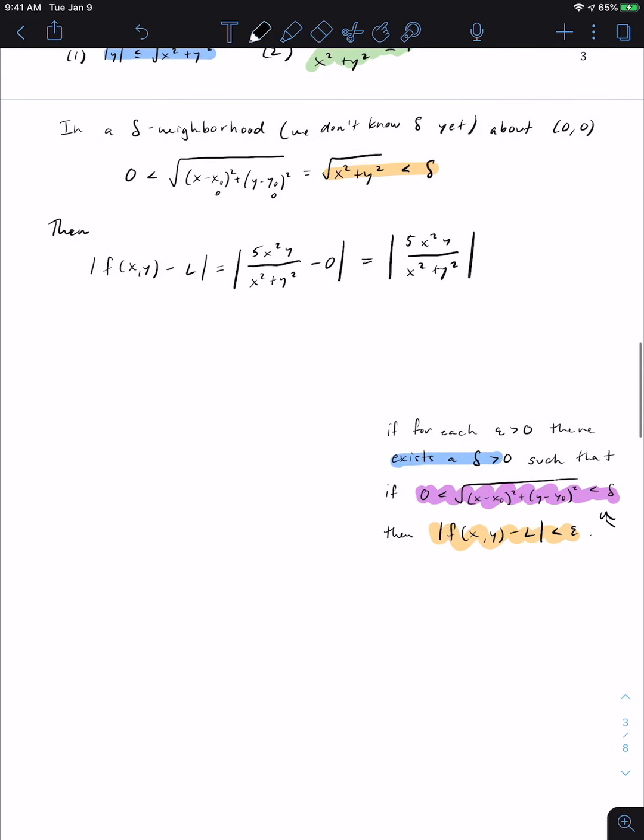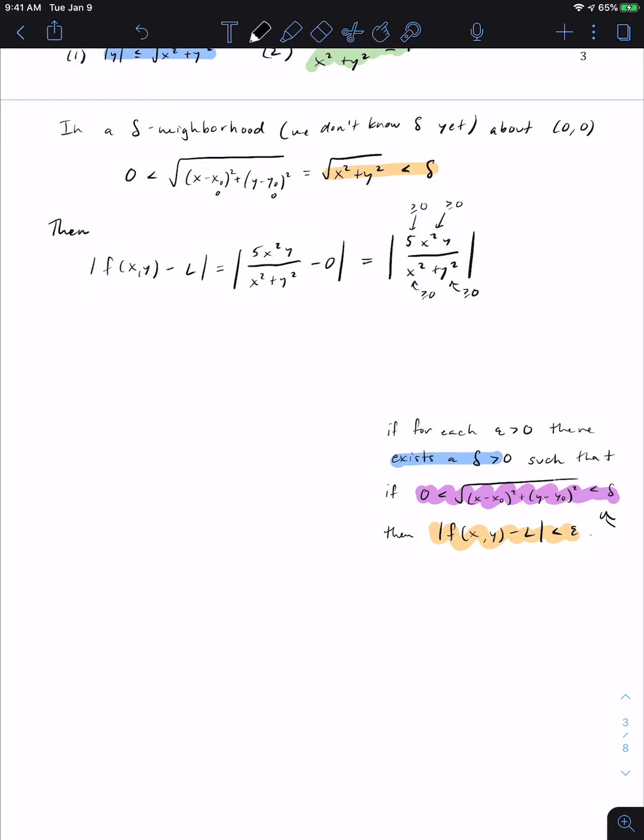Okay, so now we have to play some games. So here, notice x squared is greater than or equal to 0. 5 is greater than or equal to 0. x squared, again, is greater than or equal to 0 because it's something squared. It can't be negative. And y squared is also greater than or equal to 0. So in other words, that absolute value is redundant for everything that's already positive.